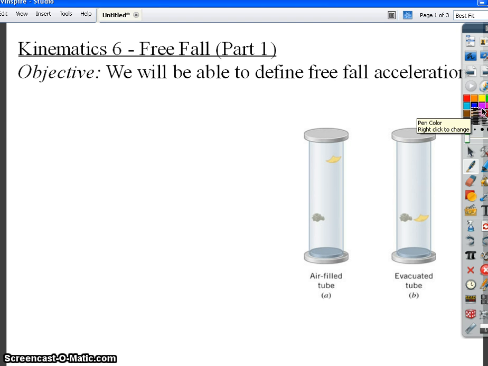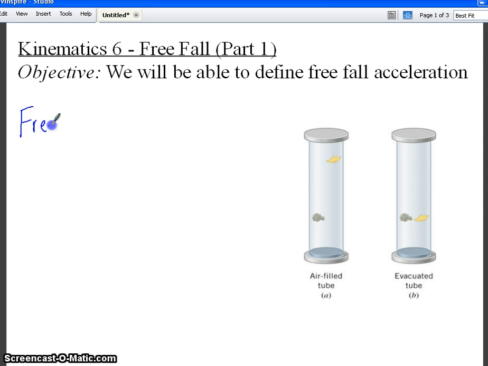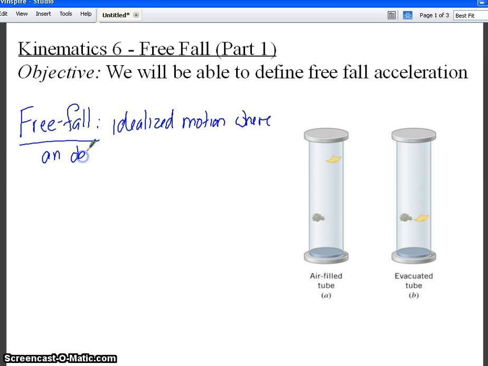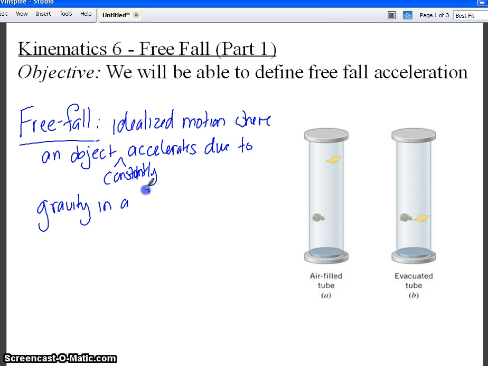So free fall. Free fall is an idealized motion where an object constantly accelerates due to gravity in a frictionless environment.